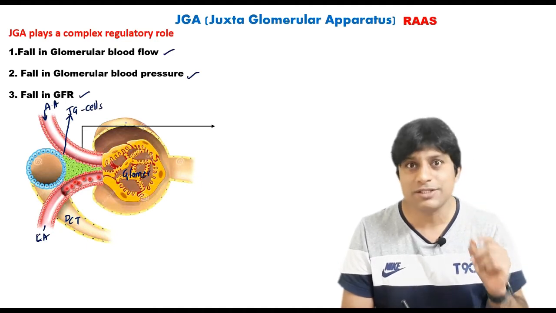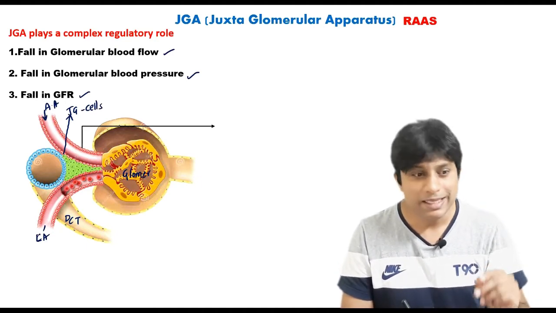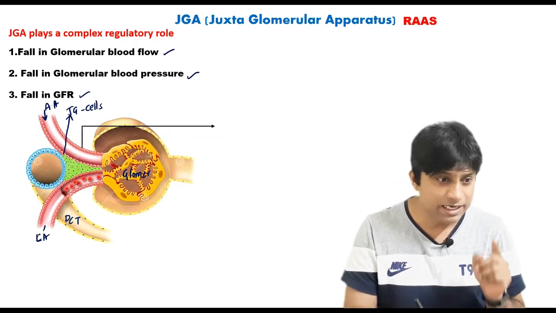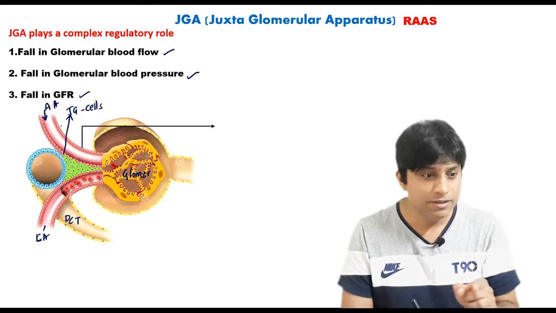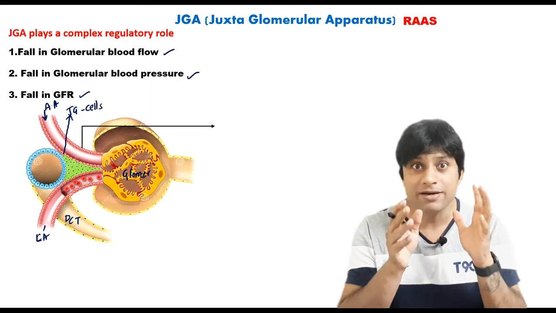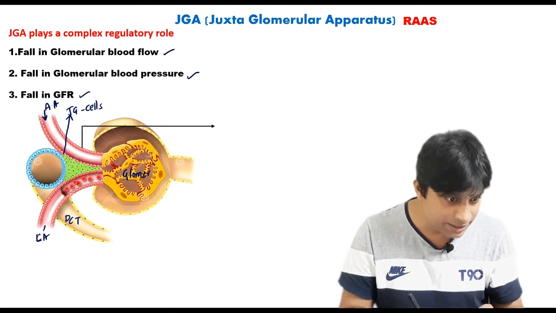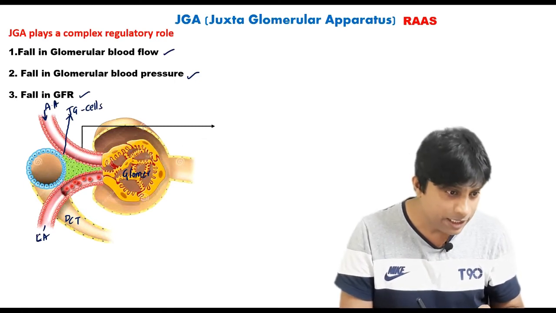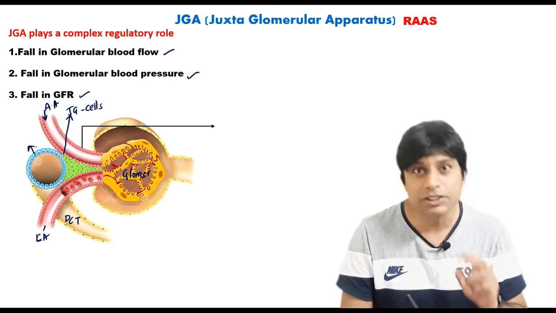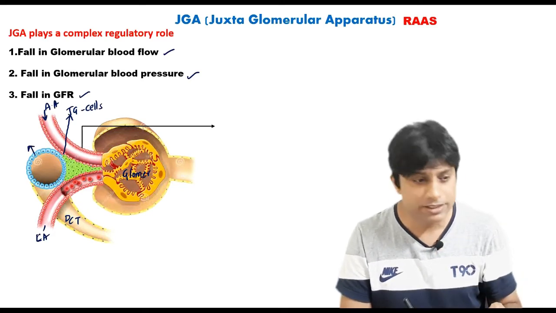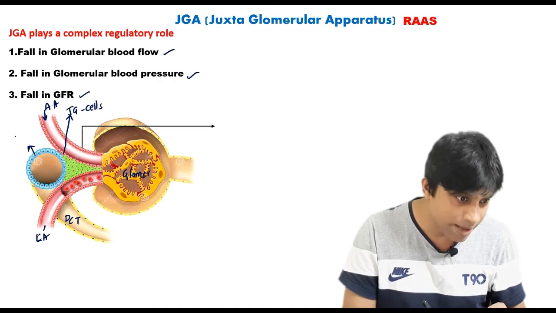And remember, juxtaglomerular cells act as baroreceptors. They will detect the changes in the blood pressure. So if there is a decrease in blood pressure, these juxtaglomerular cells can identify it because they act as baroreceptors. Now near this is the distal convoluted tubule. The cuboidal cells present in the distal convoluted tubule are also specially designed near the juxtaglomerular cells, which are called macula densa.